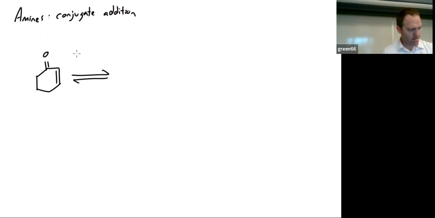If I add in a primary amine under acidic catalysis, this nitrogen is going to add at the beta position.